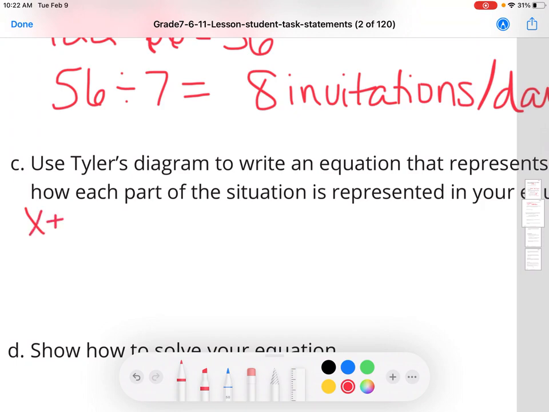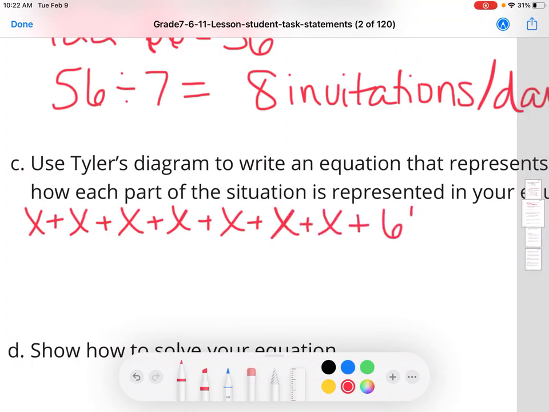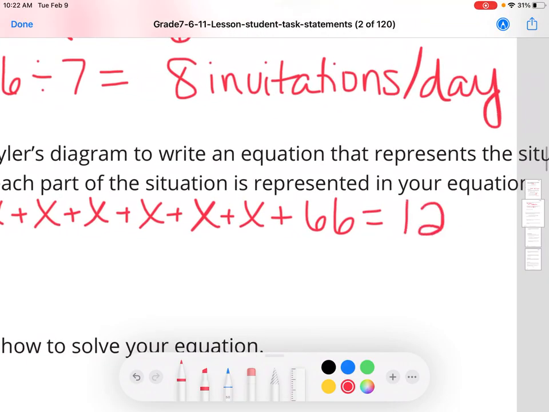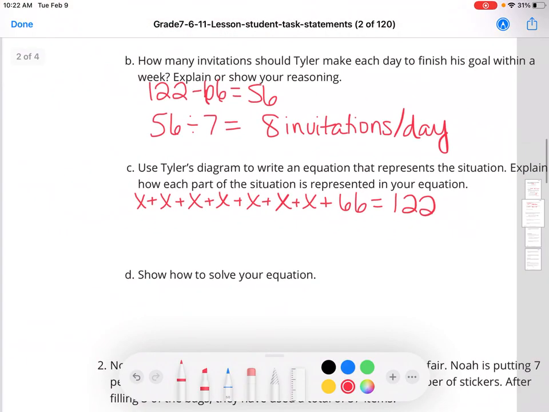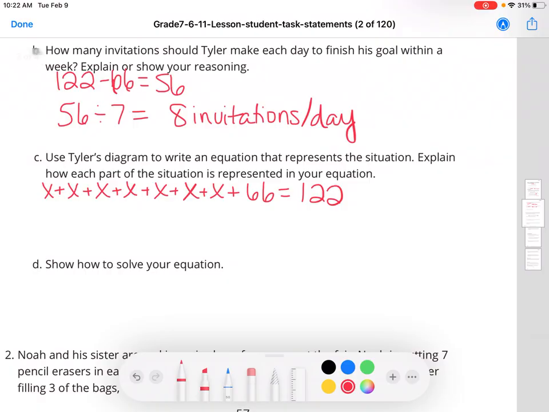So there's 1, 2, 3, 4, 5, 6, 7, plus I had 66 that I had already made, and all of that gives me a total of 122 invitations. So there's one way to write the equation, or we could simplify that. So I have X being added 7 times, so that would just be 7 times X plus 66 is equal to 122.